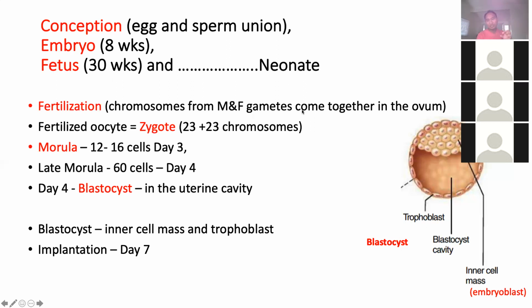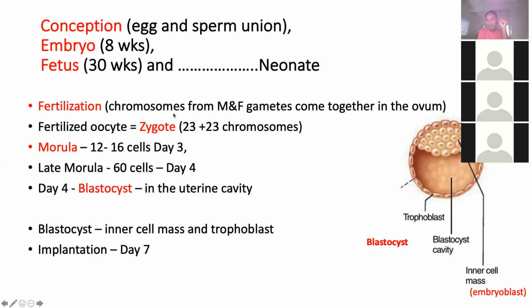The female ovum has the female chromosome, and the male sperm has the male chromosome. The sperm has to penetrate the ovum and go inside to meet the female chromosome. And that is what we call fertilization.